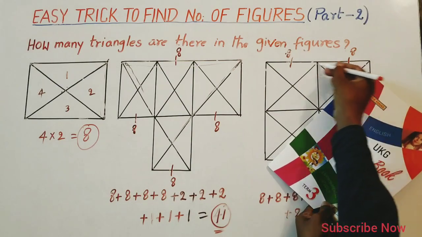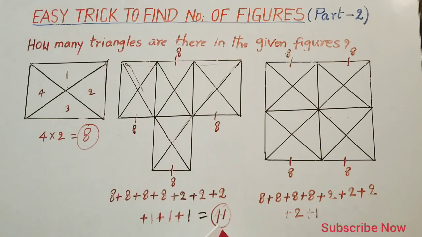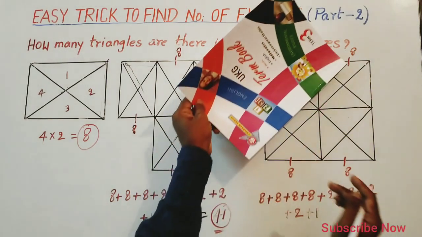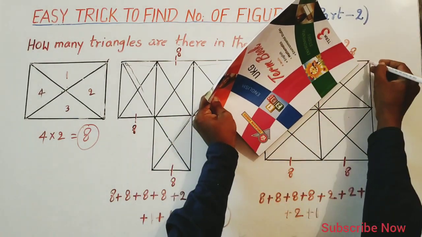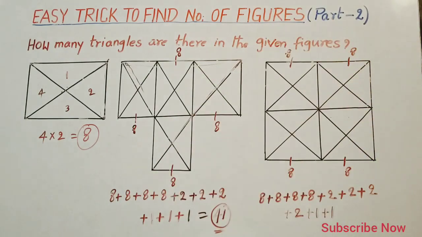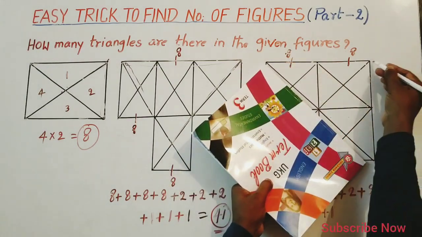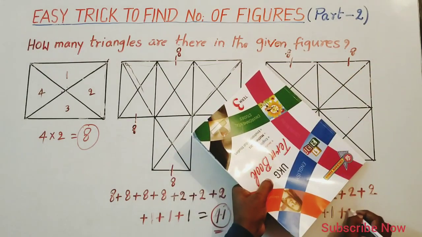So now if you combine all the figures, you can find this is one bigger triangle. So plus 1. Now you close this one and you can find this is one triangle, plus 1. Now you close this one and you can find this is one more triangle, plus 1.